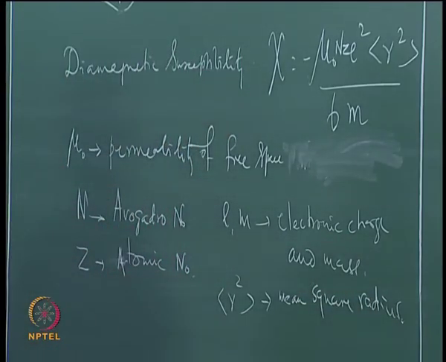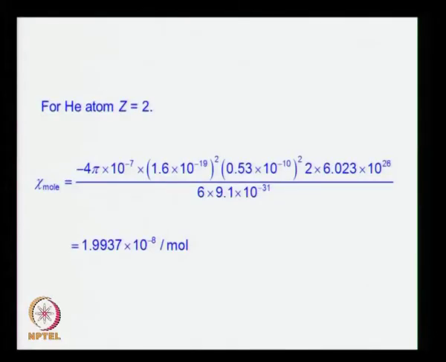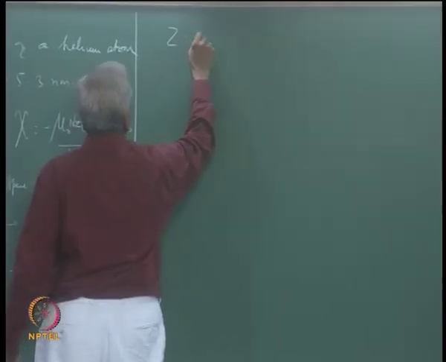So plugging in all these values, Z is 2 for the helium atom.